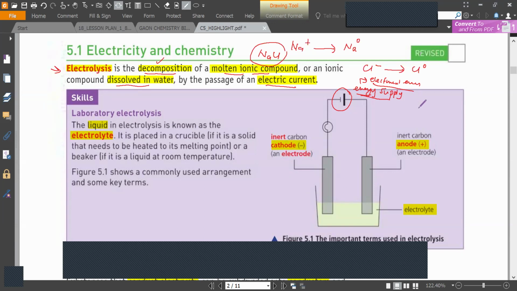For example, iron 3 plus, the iron oxide is not useful for us. We want to return back to the iron metal, the element, which is more useful for us. That's why we have electrolysis.